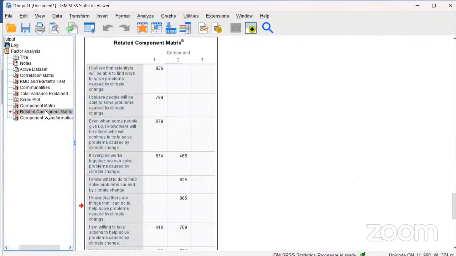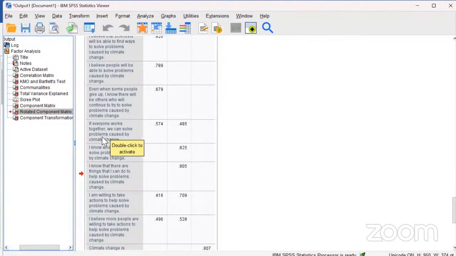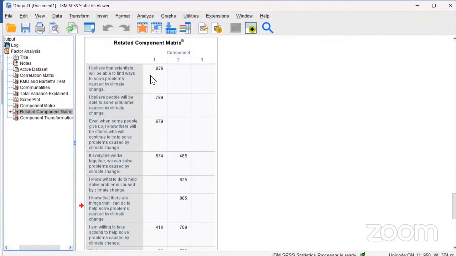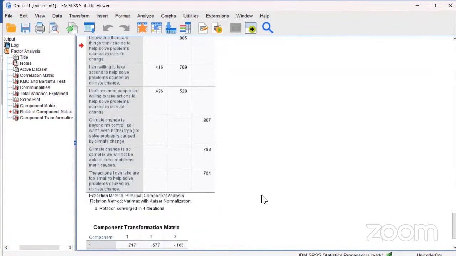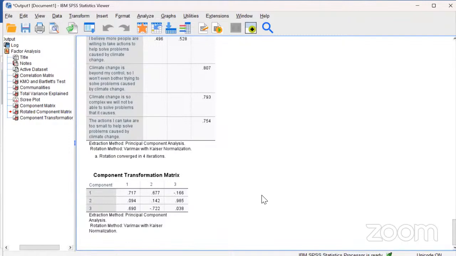We can confirm it via our rotated component matrix, where 3 factors are emerging. However, a few questions are loading on both component 1 and component 2. These we address via literature, as I am aware. So this is all, sir, you wanted me to do.